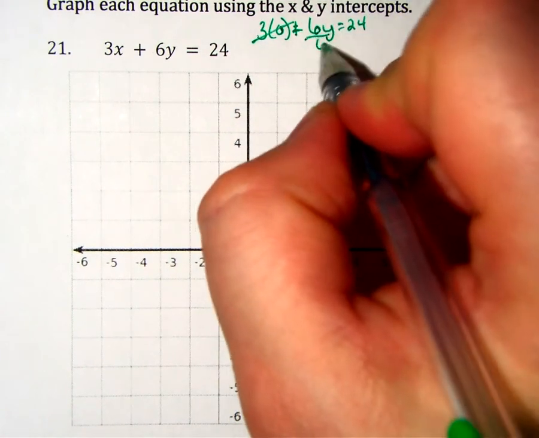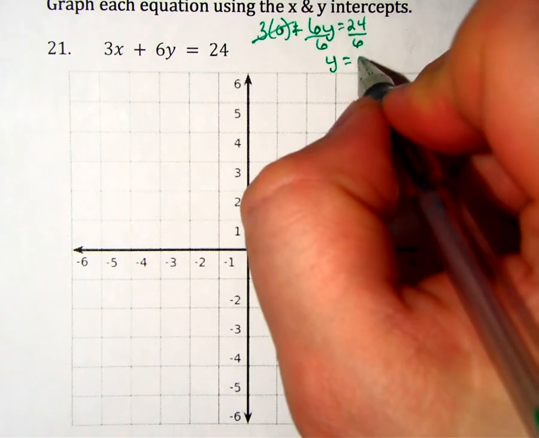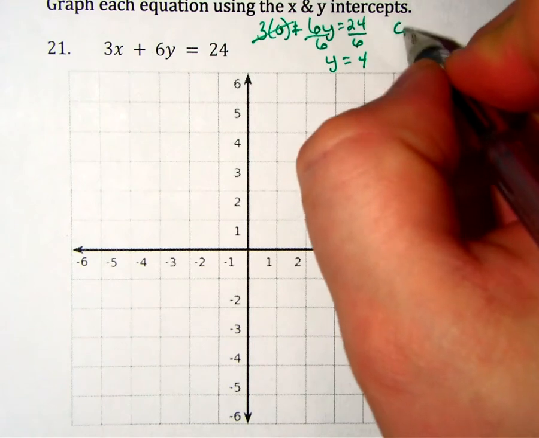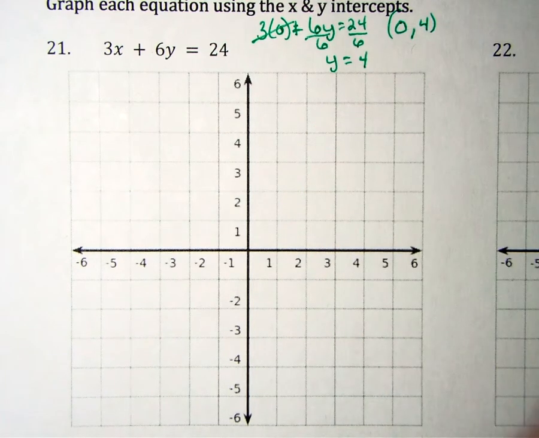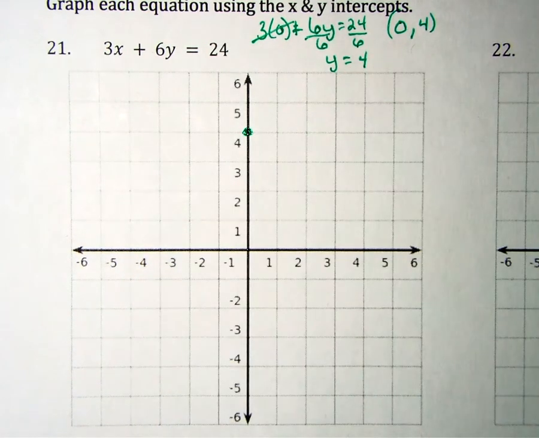So we divide by 6, and y is equal to 4. So when I have a 0 for x, I'm going to have a y value that's 4. That's good to know, because 0 for x, y value that's 4, that'll show up right there on my line.